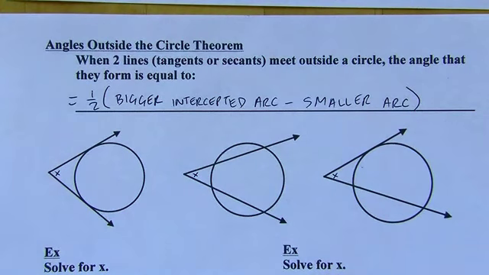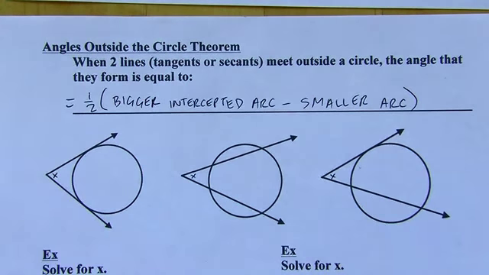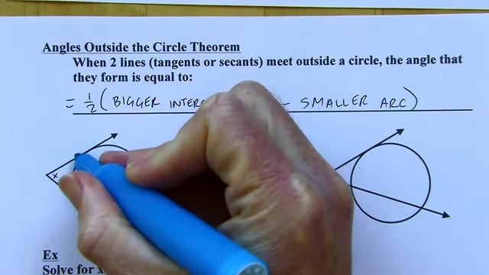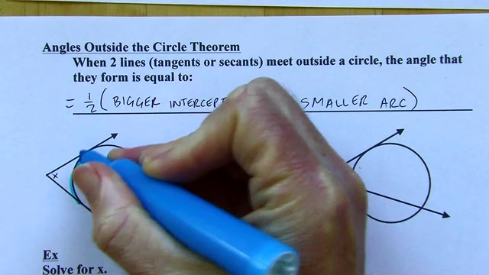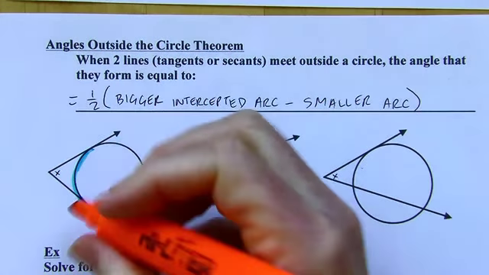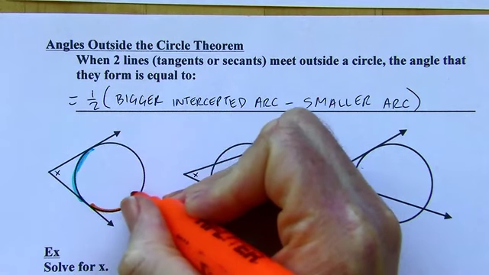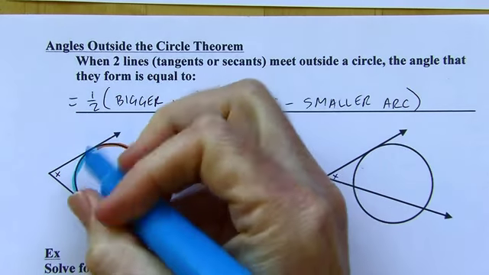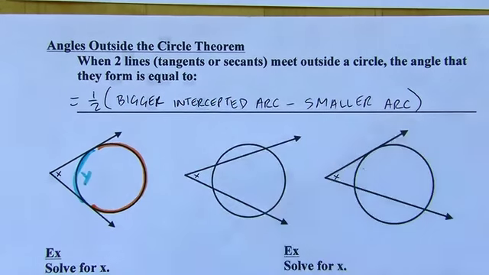We're going to use this to solve for the angle here, or sometimes for the arcs that they intercept. So x intercepts two different arcs. It intercepts this arc that I have marked blue there, but also this one that's orange. So I'm going to call the blue arc y and the bigger arc z.